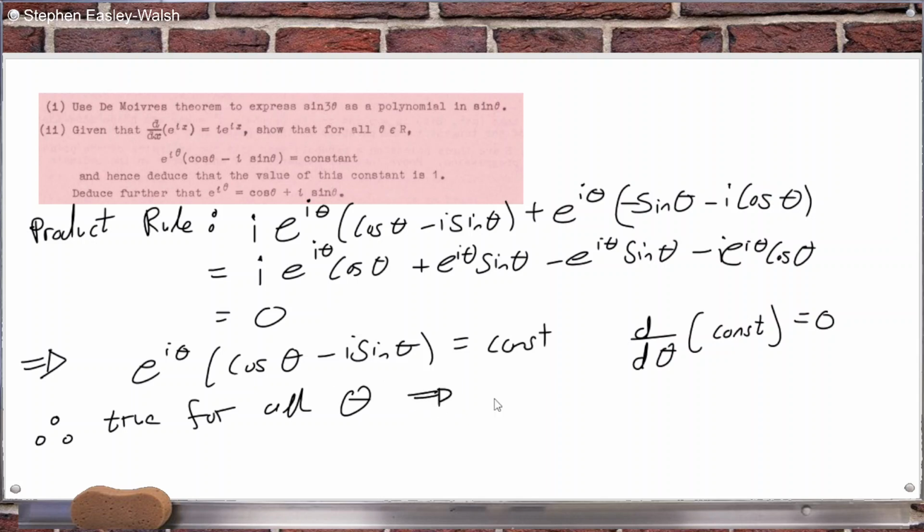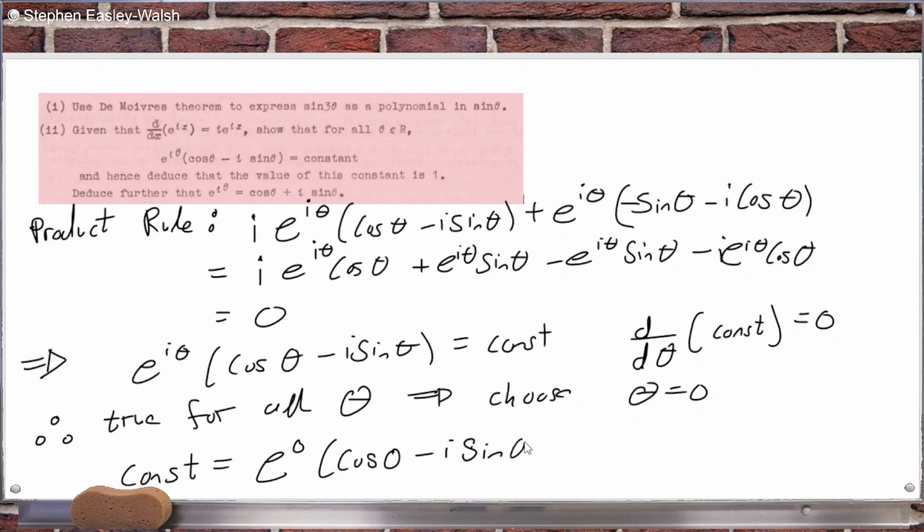So that implies we can just choose theta equals 0. Then the constant will equal e to the power 0 times cos 0 minus i sine 0. Well, sine 0 is 0, cos 0 is 1, e^0 is 1. So you're just left with 1, which is a success.